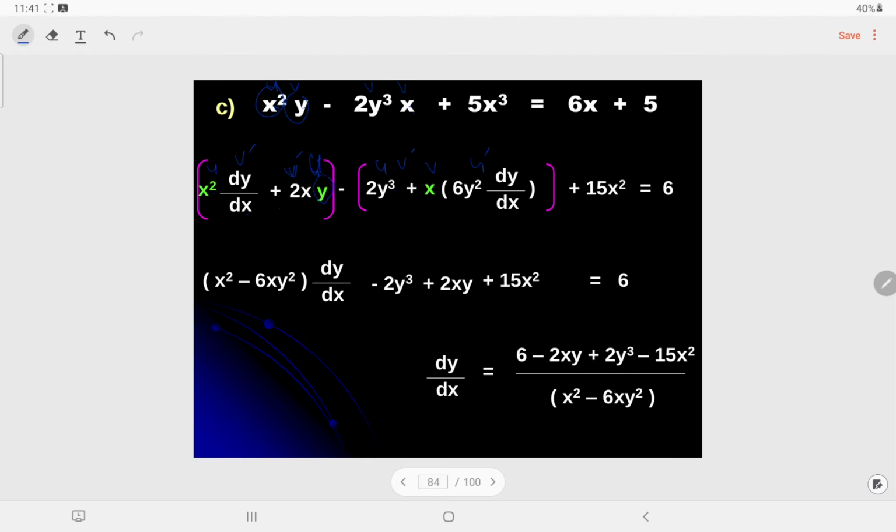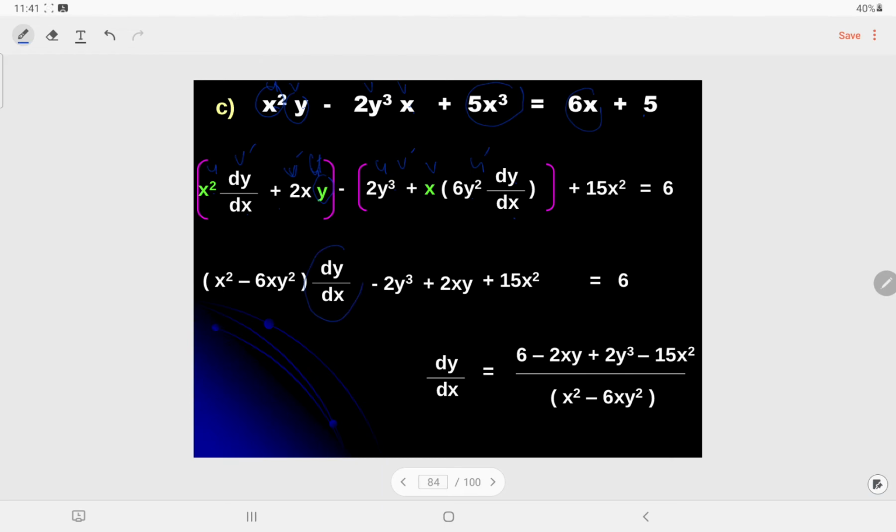Differentiating 2y cubed gives 6y squared dy over dx. Then differentiating 5x cubed with respect to x, we get 15x squared, and this one with respect to x equals 6. Differentiating 5, the constant, gives 0.